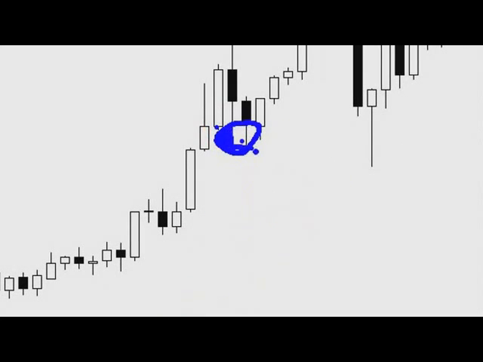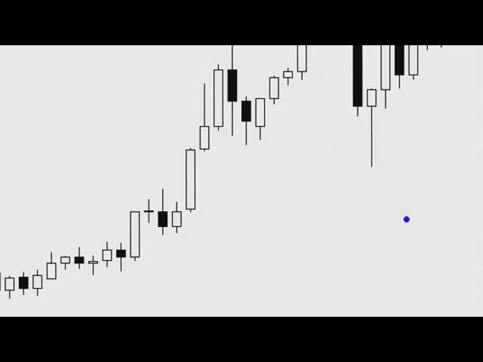Price has found support there. Price breaks up, and chances are when price gets back to this relevant area, it's going to find support again. And it did, with this pin bar reversal, the last reason for the trade, the very obvious pin bar reversal.